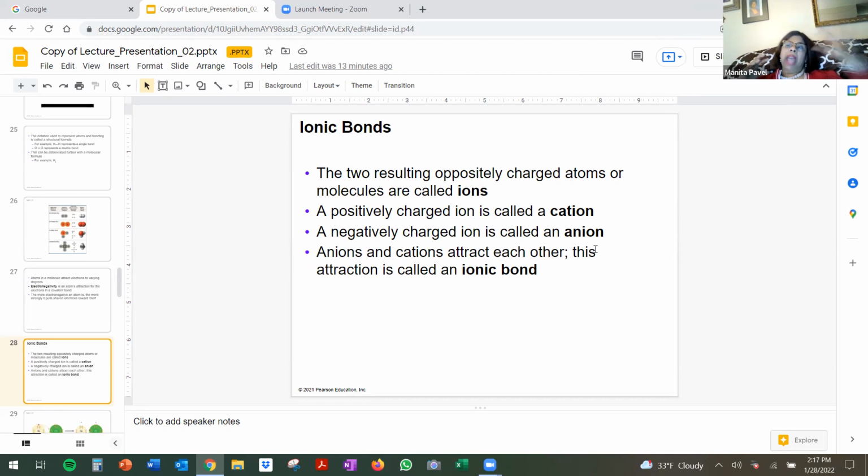Both anions and cations are going to attract each other, thereby forming this ionic bond. So what is an ionic bond? An ionic bond is a bond that is formed due to the attraction between opposite charges.